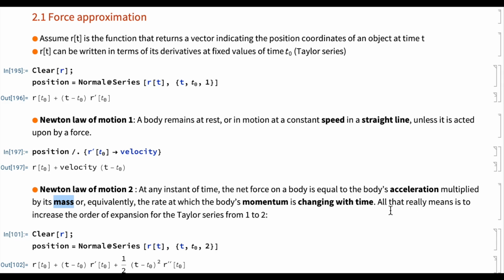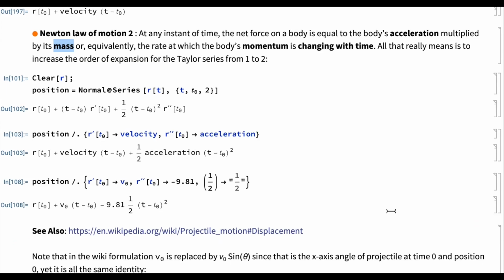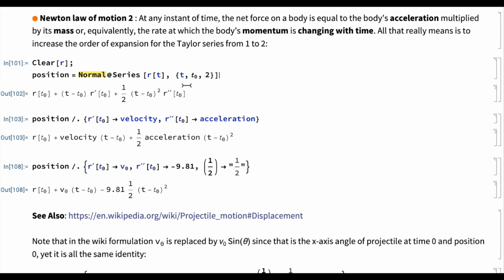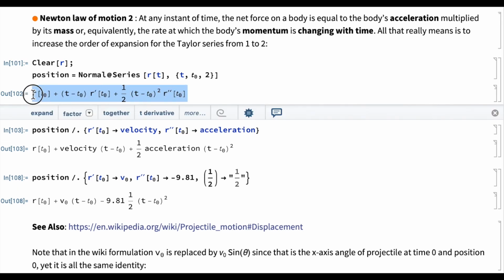So what does all that mean for the second law? It is nothing really more than R(t), position in time, the function R, but this time the Taylor series expansion uses a degree 2 polynomial, and this is what you get for the expansion.